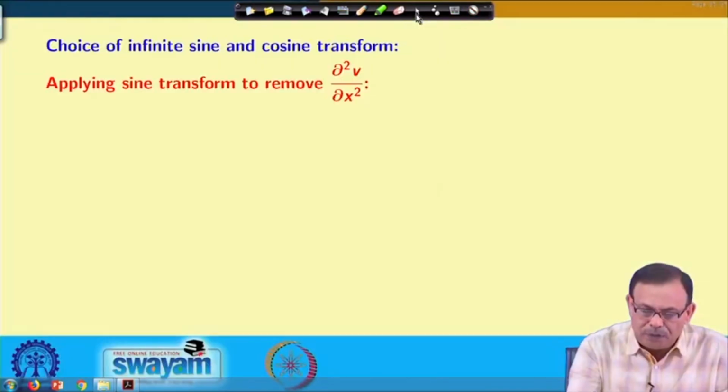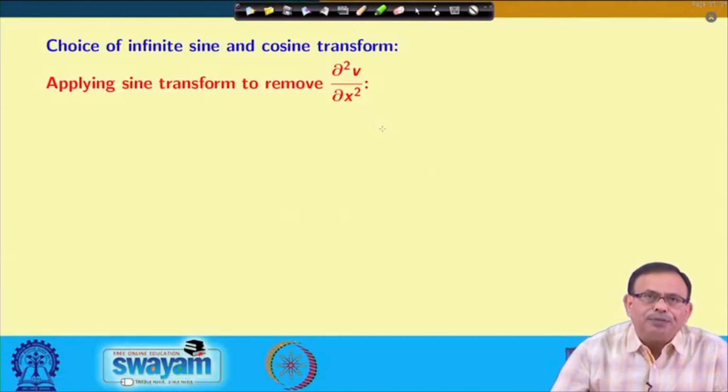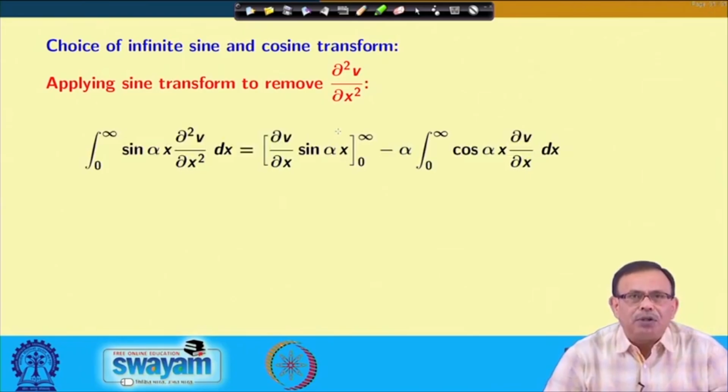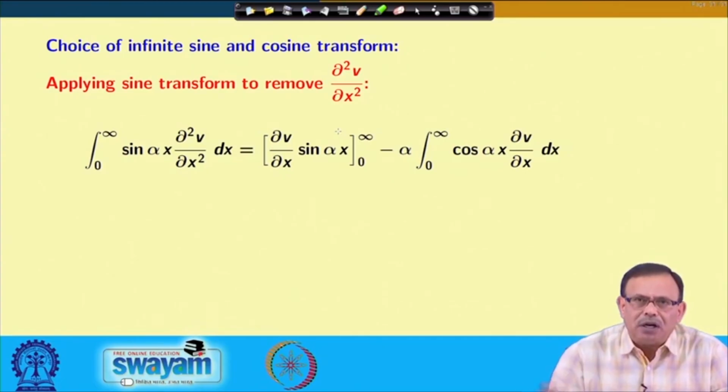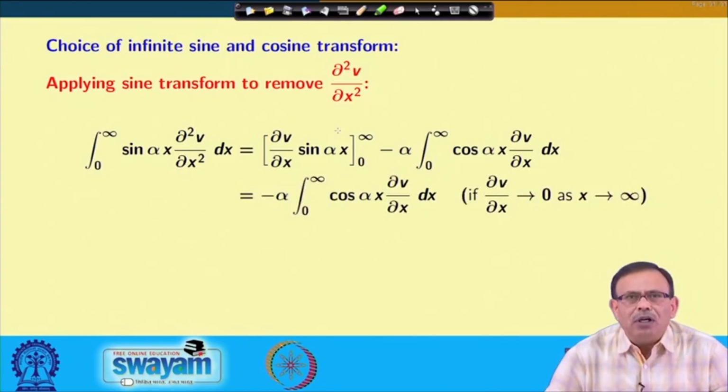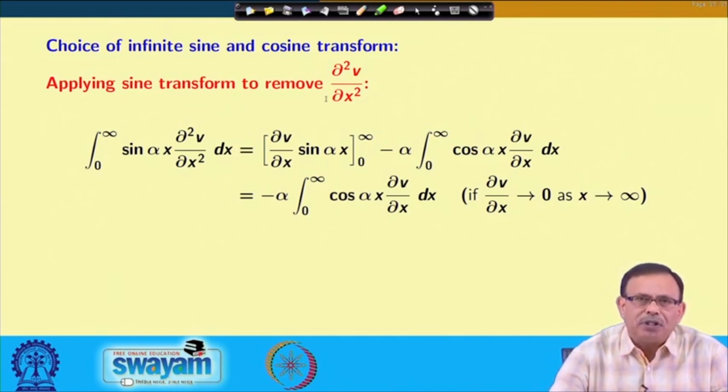So, if you just see it, for removing del 2 v del x square, I am basically taking 0 to infinity sin alpha x into del 2 v del x square dx. Using integration by parts, I can write down this integral which I mentioned. Now, the first part will vanish only if I know del v del x approaches 0 as x approaches infinity, because for x equals 0 the term vanishes. So, here the first condition comes, that del v del x approaches 0 as x approaches infinity.